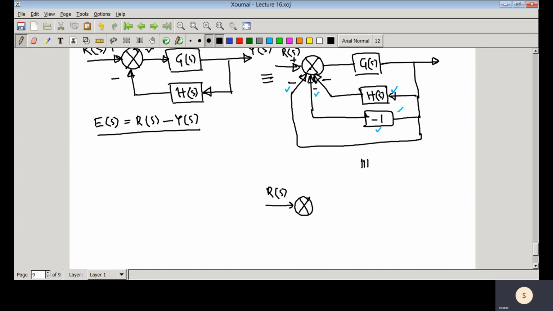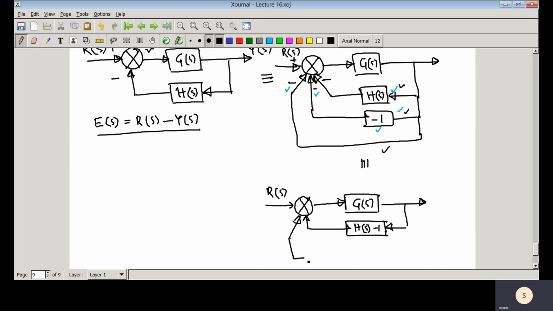So this is that R(s), and if we combine these two, then we have that G(s), and that is H(s) minus 1, and we have another loop, that is this one. This is that negative.